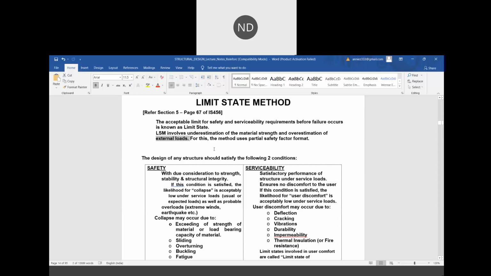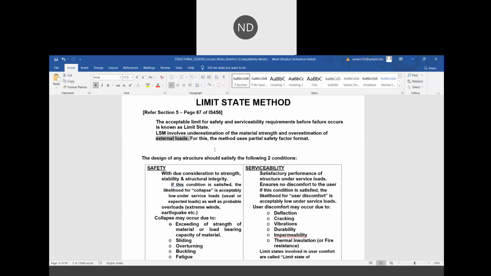Your external load is bigger in size. Or you can say, the maximum load that the structure can resist or take is, suppose, 500 kilonewton. Okay, that is the maximum.